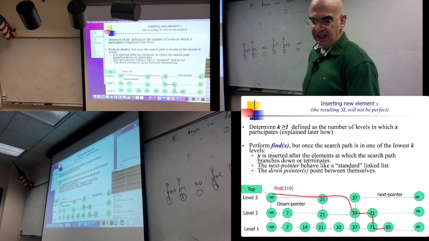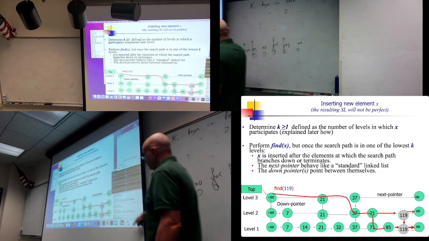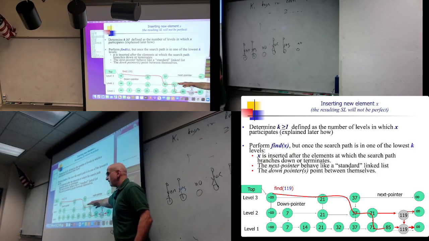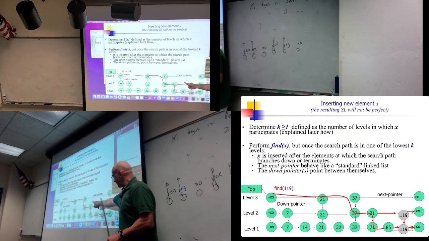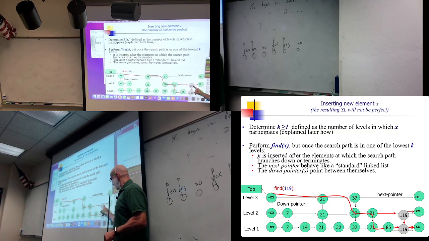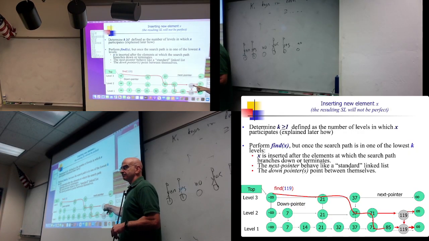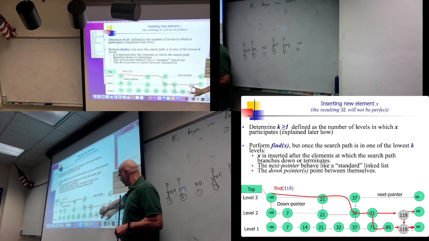What are we doing in the skip list after I found x? In each one of the levels, do just an insert of the new element as if it is a normal singly connected sorted linked list. You find the element before the new guy, and you update its next pointer to point to the new guy. Here I decided in this example that k equals 2, so 119 is going to be in 2 levels.